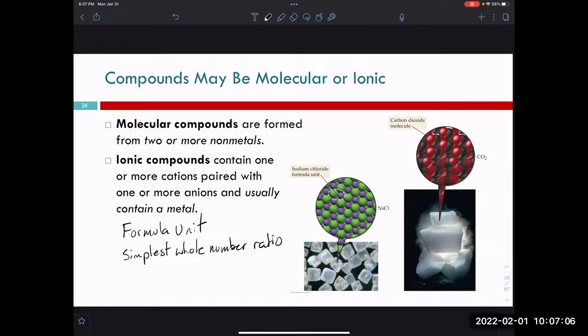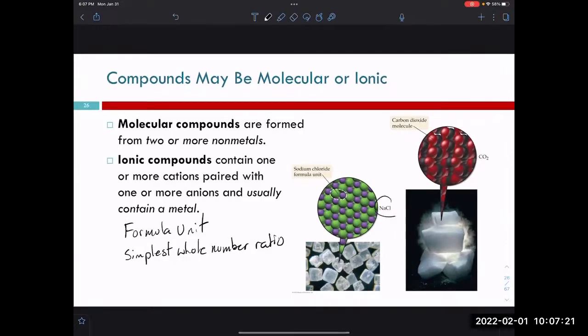It's a lattice. It's a grid of sodiums and chlorines all stuck to each other. But when we talk about salt or sodium chloride, we only talk about the simplest whole number ratio, which is one sodium and one chlorine, even though that represents, in any amount of sodium chloride, a large crystal structure.